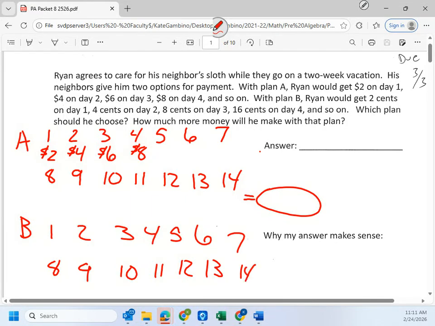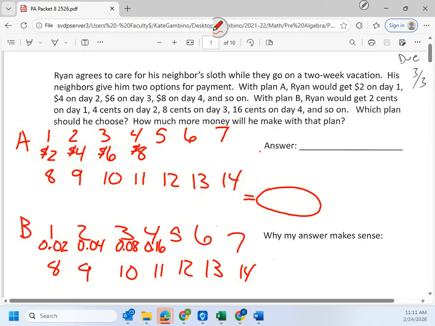And I'm going to say, okay, on day 1, he gets 0.02. On day 2, he gets 0.04. Day 3, he gets 0.08. Day 4, he gets 0.16. And I'm going to look to see what is the pattern of how I'm increasing.